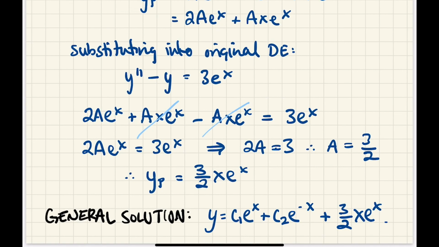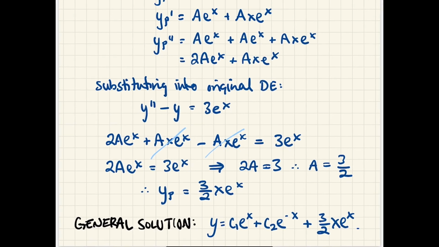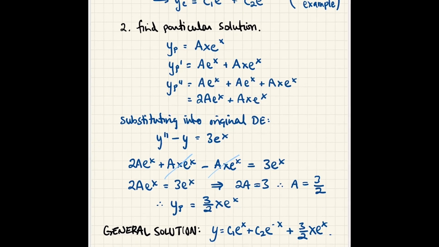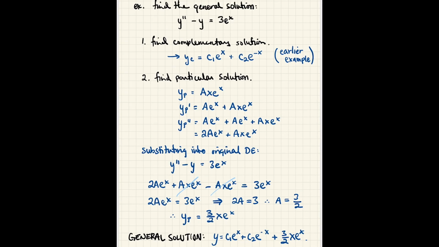So it's for this reason that you should always work out the complementary solution before going after the particular solution. Because if you work out the particular solution first, you might have the problem of a term from the particular solution already being represented in the complementary solution, and therefore your coefficients aren't going to match up the way you want, as we saw with that 0 equals 3e to the x, which doesn't make any sense.